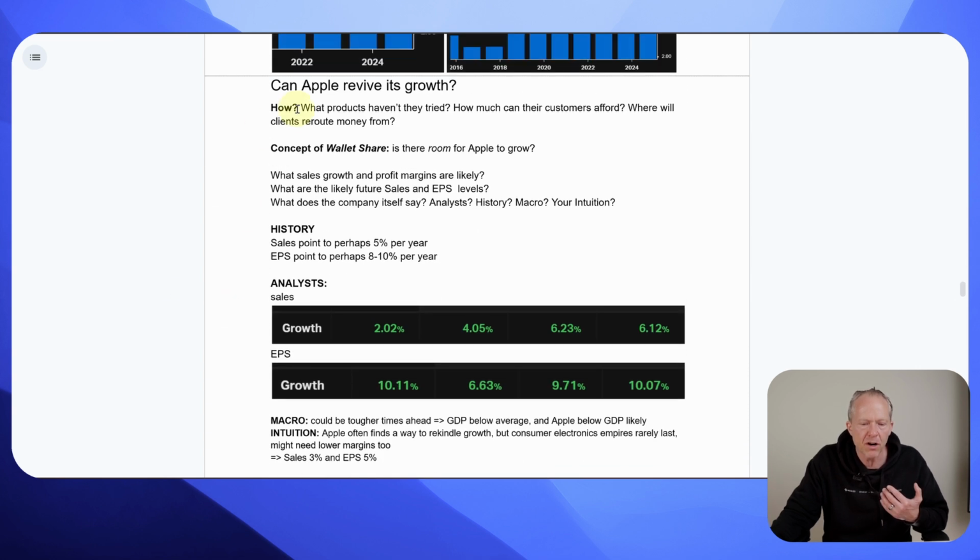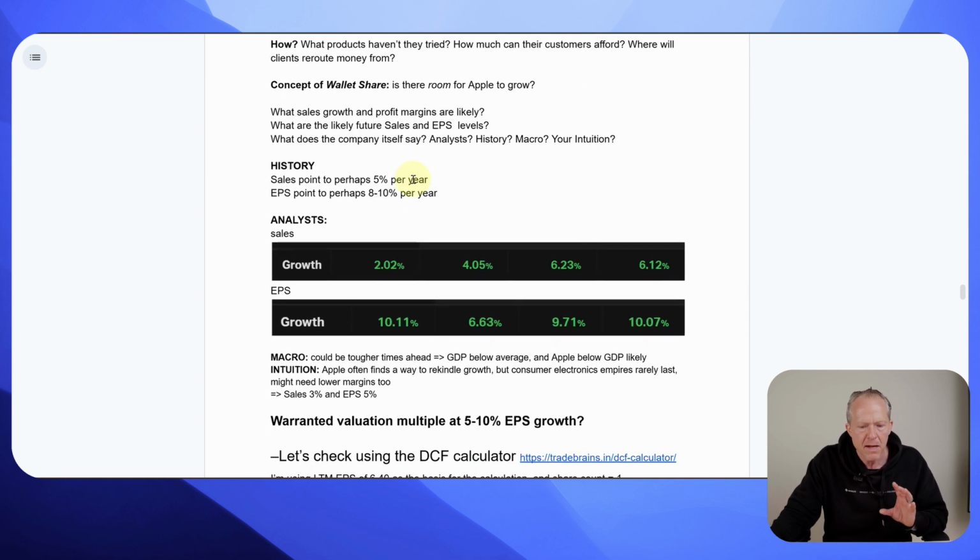So the questions here are: can Apple revive its growth? Can they grow faster than 5% in terms of sales, and at a 5 to 10% level in terms of earnings per share? I think we should check with analysts. We should check with the company guidance, with the macro environment, and your own intuition for their products.